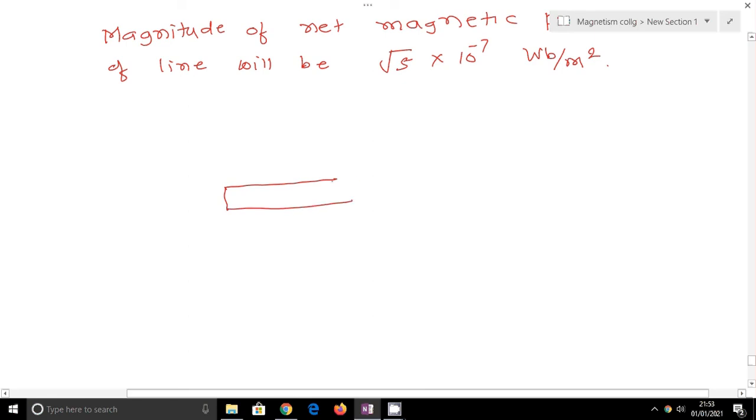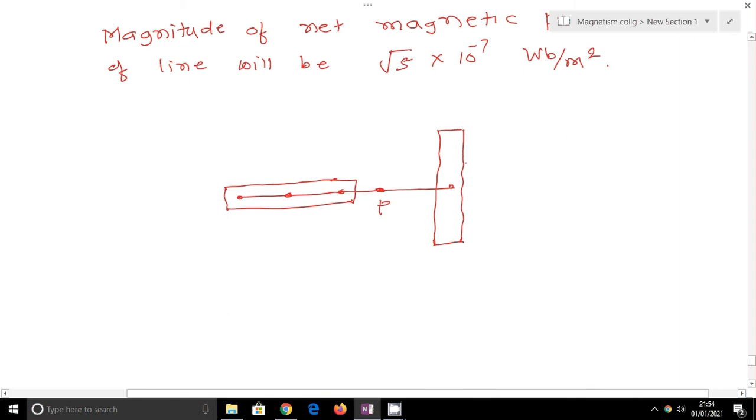This is the line joining the centers of the two magnets, and here is the point P.